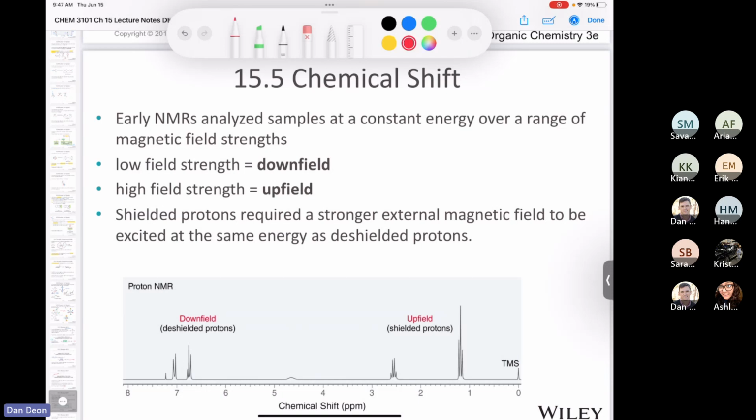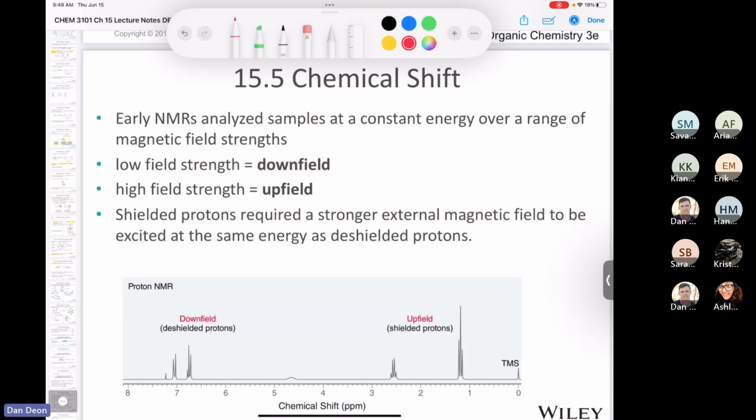The old spectrometers, instead of pulsing the sample with all relevant frequencies of electromagnetic radiation, only had one frequency, and what it did is it varied the field strength. So they changed the strength of the magnet. Now it's the opposite. The magnet is constant, and they irradiate it with all frequencies.